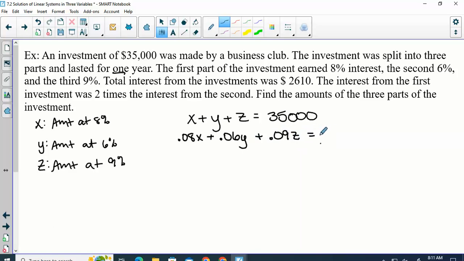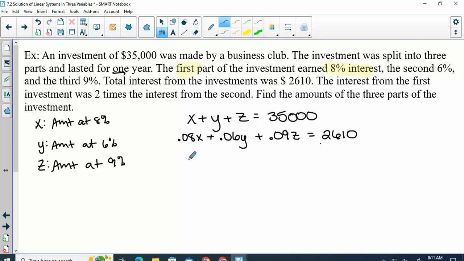And that equals, right, the next one. The interest from the first. So I told you here the first was the 8%.